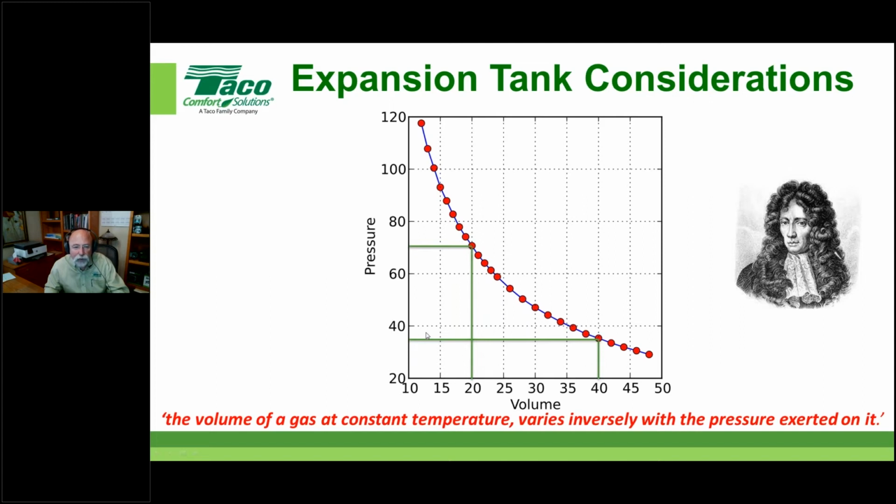At 40, I'm at about 35. Up here, I'm at double that, at 70. So there's the relationship. As this point goes down to that point, you will ride between these two numbers inversely. That's what happens.